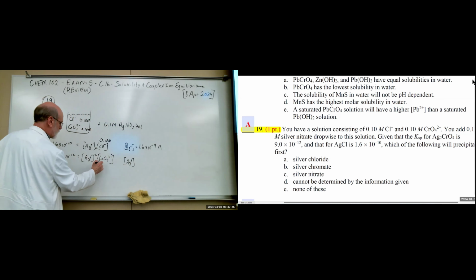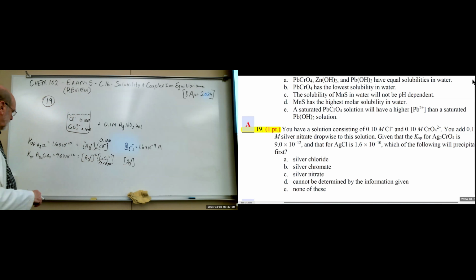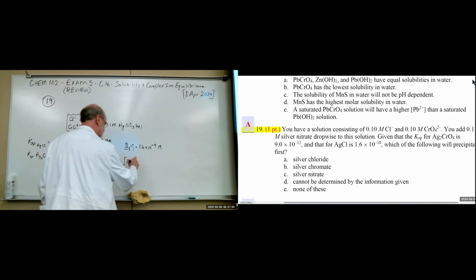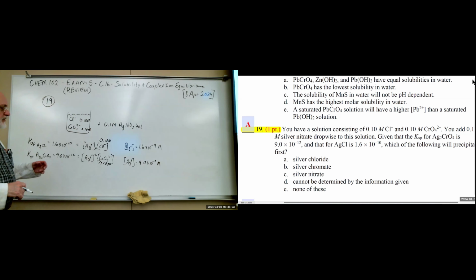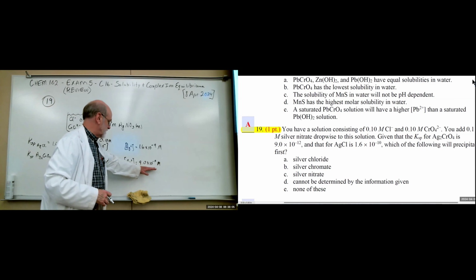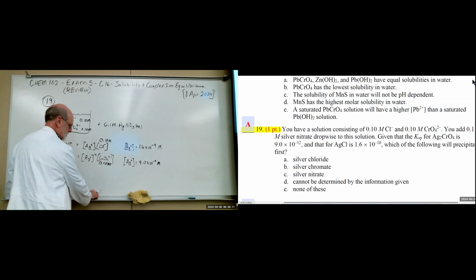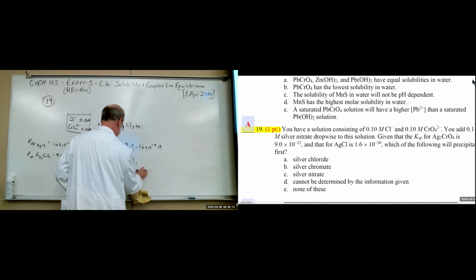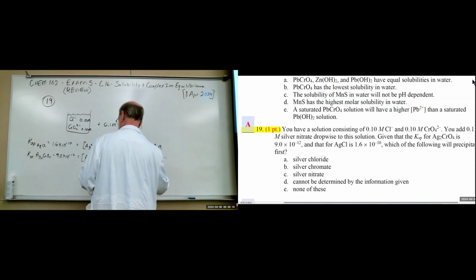How about this one? If we know this one is also 0.1 molar, then let's calculate silver for that. So divide 0.1 into this value, which is 9 times 10 to the minus 11. Okay, so when the concentration reaches this point, the silver chromate will, oh, excuse me, my mistake. That's squared. So we need the square root of 9 times 10 to the minus 11.